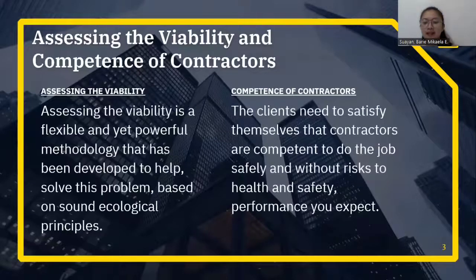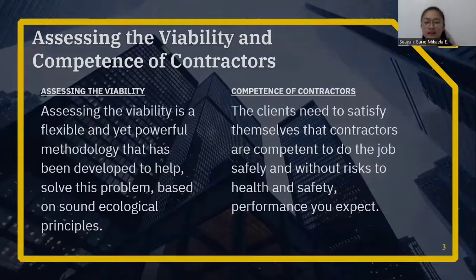The client needs to satisfy themselves that contractors are competent. For example, they have sufficient skills and knowledge to do the job safely and without risk to health and safety. The degree of competence required will depend on the work to be done, and make sure contractors know and understand what performance you expect.